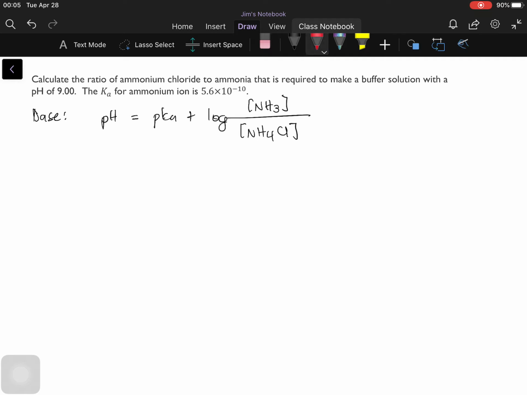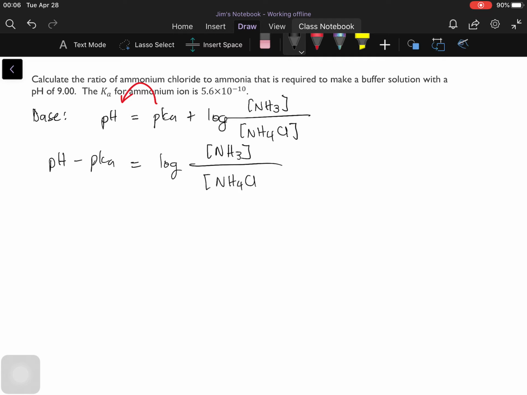So to solve for this, we're going to transfer pKa on the other side. That's pH minus pKa equals the log of the concentration of ammonia over the concentration of ammonium chloride. Then we're going to get the anti-logarithm of both sides of the equation.